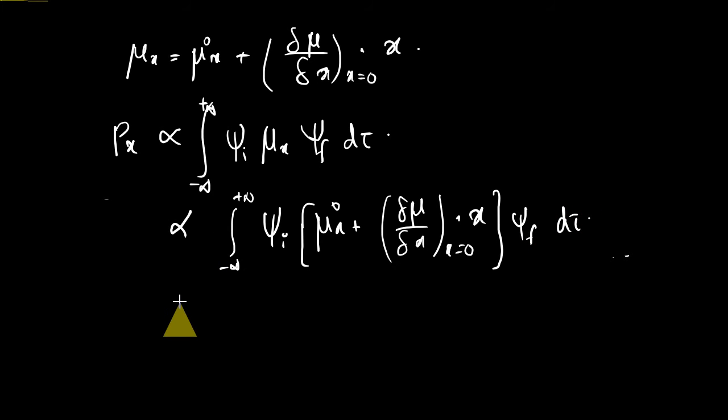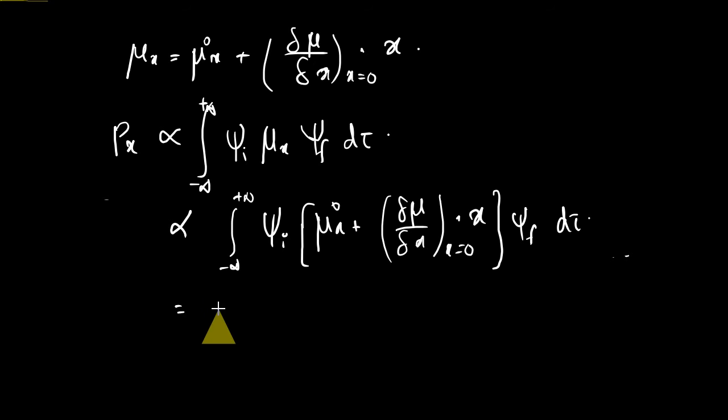So this expression is equal to the integral from minus infinity to plus infinity. Let me take this one first, mu 0 x. Mu 0 x is the dipole moment at the equilibrium position. The equilibrium position has no change, right? Equilibrium position is a fixed position. So this dipole moment corresponding to the equilibrium position will have a constant value. So you can consider mu 0 x as a constant.